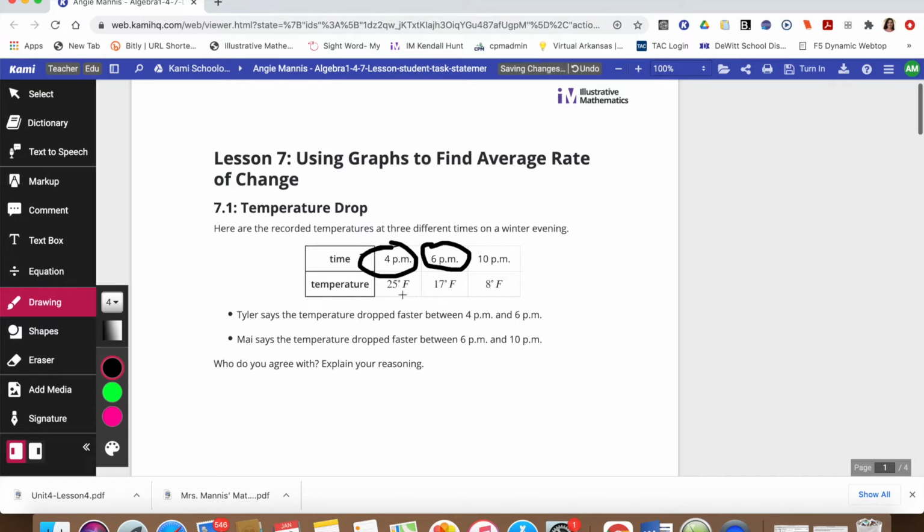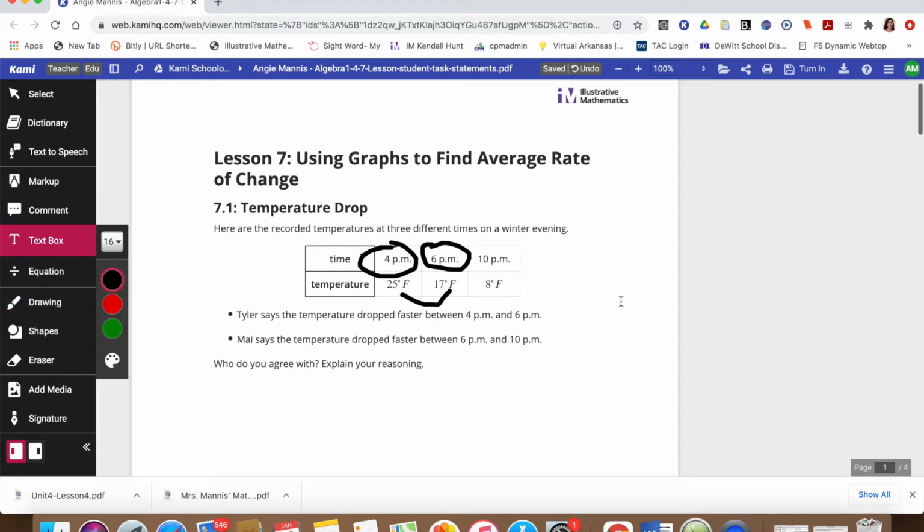And then that is a decrease of 8 degrees. So if you have 8, that would be negative 8 because it's decreased, right? Negative 8 divided by 2 gives you a negative 4. So that's decreasing by 4 degrees each hour.